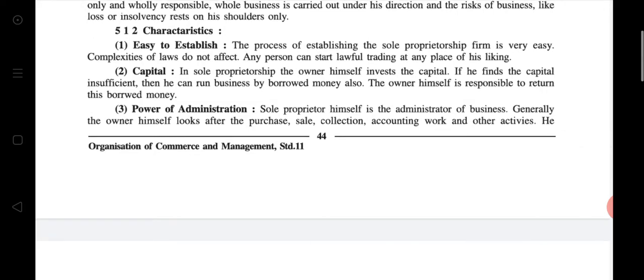So characteristics of sole proprietorship: easy establishment. Then capital in sole proprietorship is limited. It means if he finds insufficient capital, then he can borrow money.